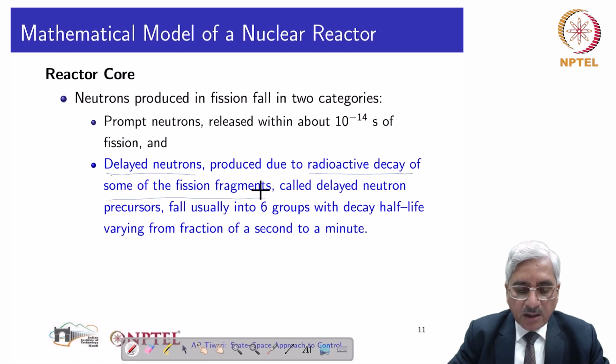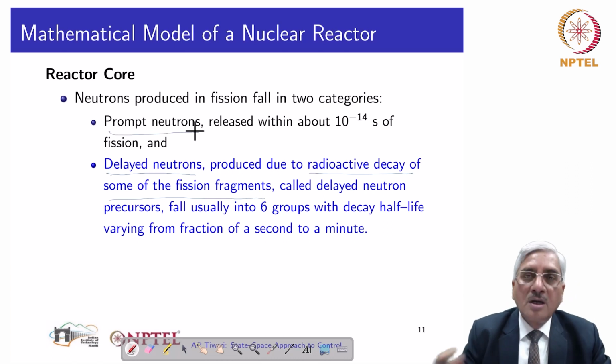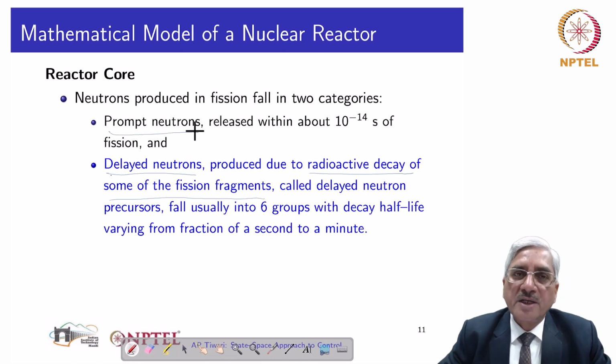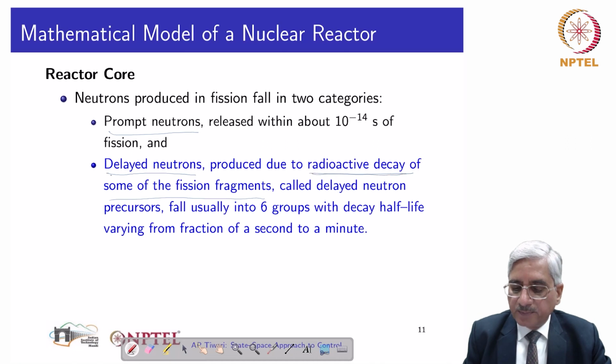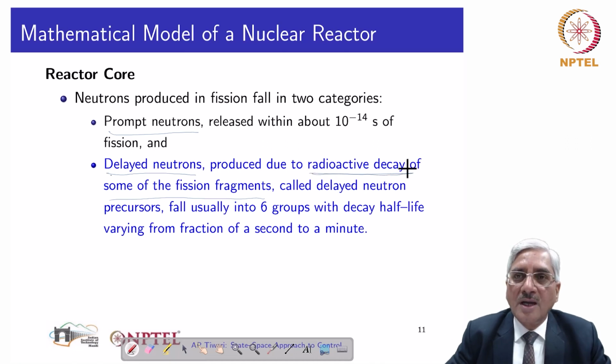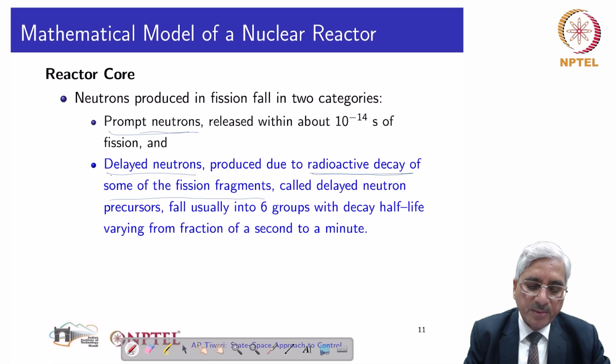Now the majority of them are prompt neutrons, but many of the fission fragments which are formed undergo radioactive decay, and when they decay they release a neutron. That neutron is called a delayed neutron, and its production happens some time after the fission event and after the production of prompt neutrons.